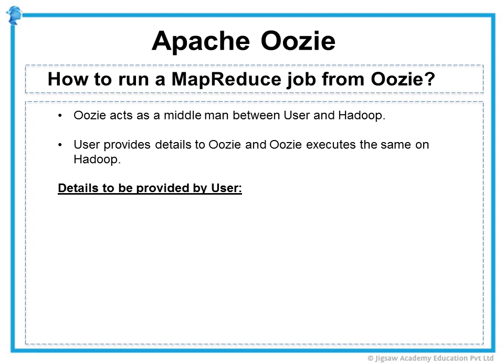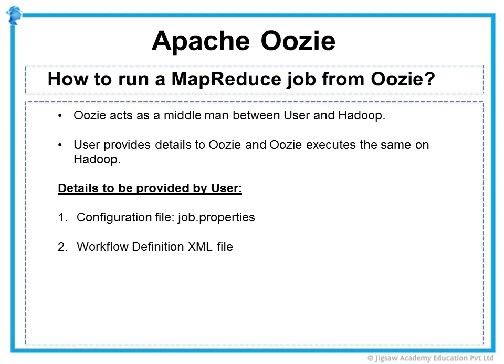So the user can provide the details of his job using three different components, right? First, we have the job.properties configuration file. Then we have the workflow definition XML file, and finally the libraries required for the execution of the job.